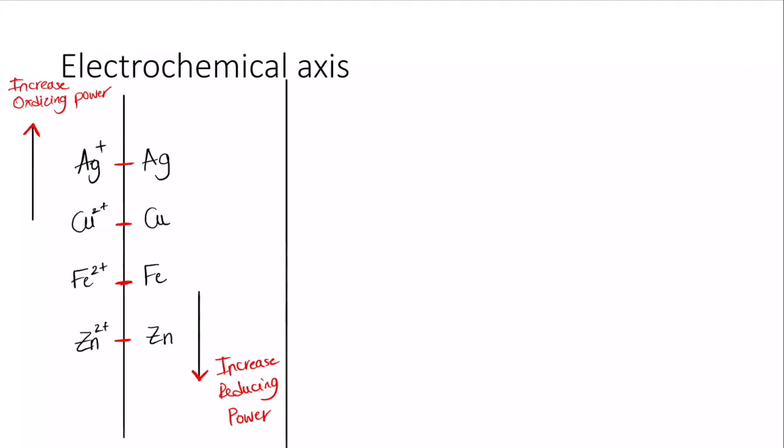So if I want to place hydrogen, based on these previous reactions, let me just again write the reactions. So we have Cu plus 2H+, no reaction.